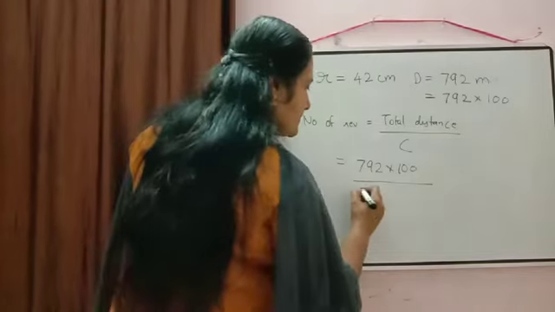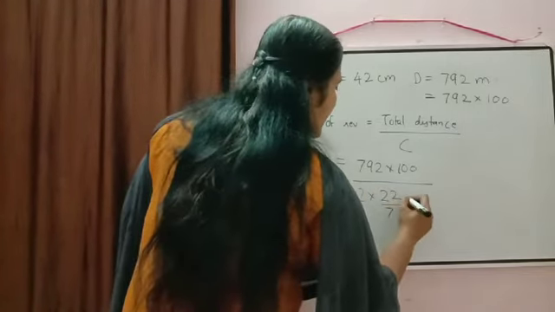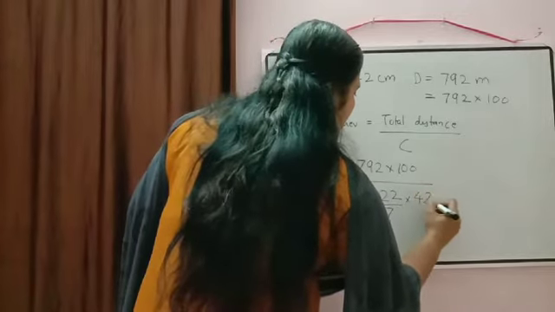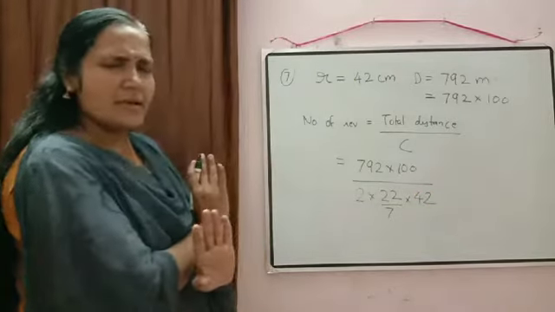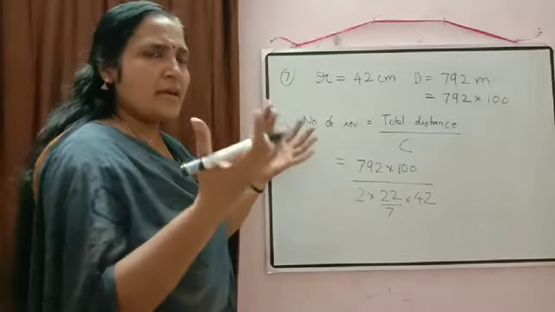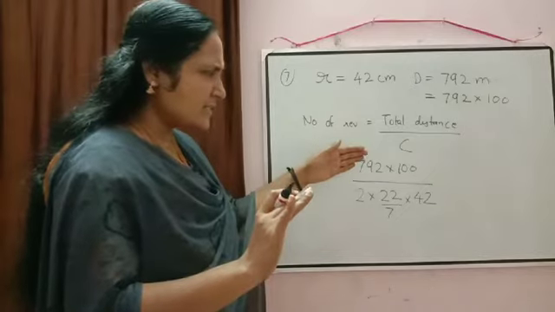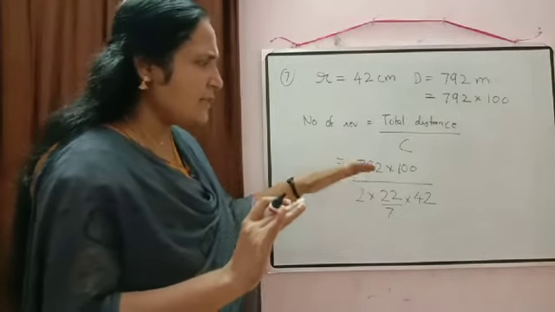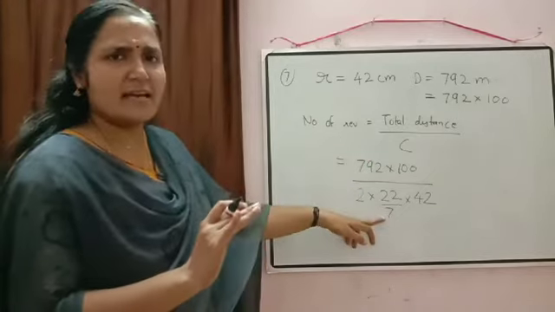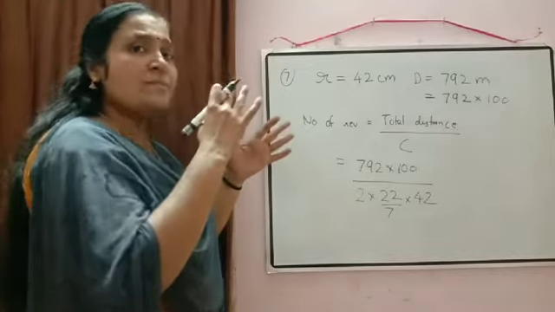Formula for circumference is 2 pi r. So 2 into 22 by 7 into 42. Again here at present don't do any calculation there. Some terms are in numerator and some terms are in denominator. So better first we can shift the expressions which should go to numerator.